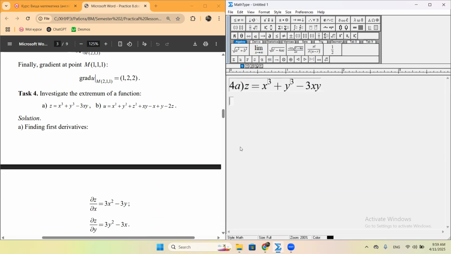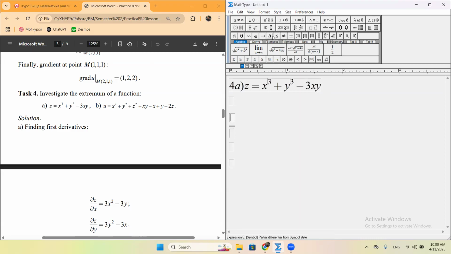How to do it? For the function of one variable, you differentiate the function and then solve the equation when the derivative is equal to 0. Here we will do the analogical stuff.